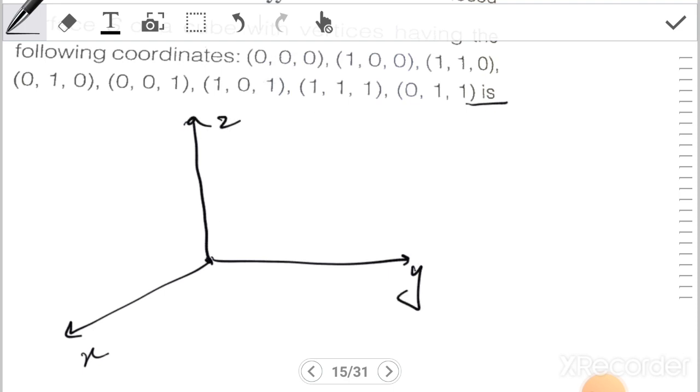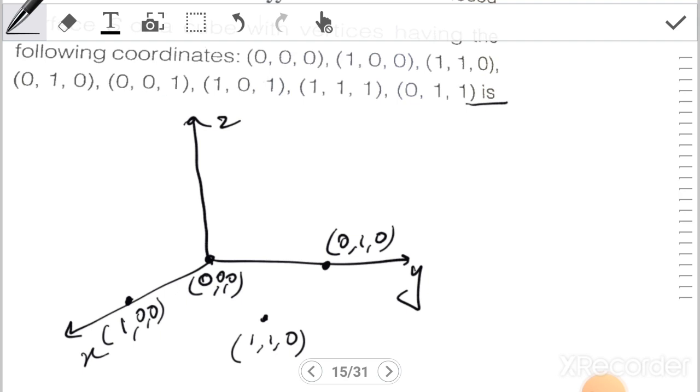Okay, so we have 0, 0, 0, and 1, 0, 0. 1, 1, 0. 0, 1, 0. 0, 0, 1. 1, 0, 1. 1, 1, 1.